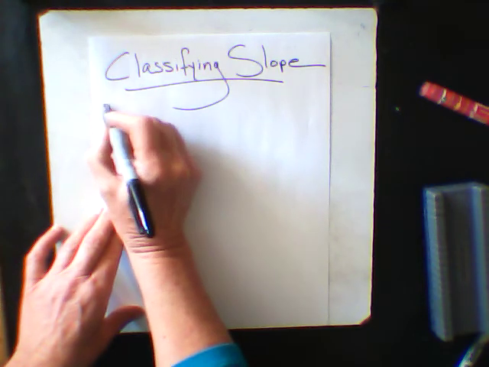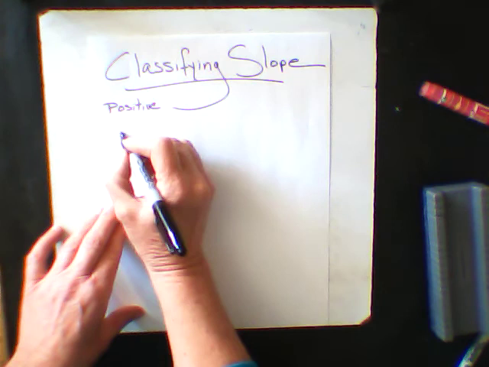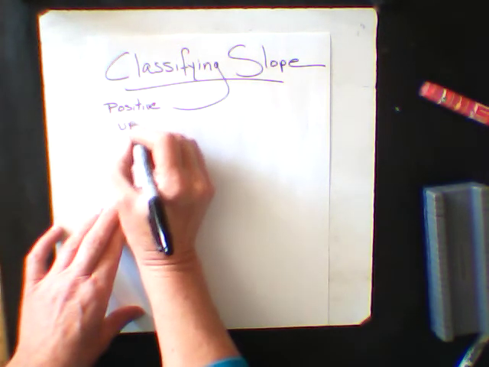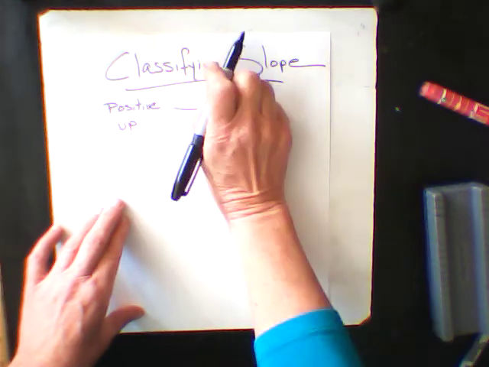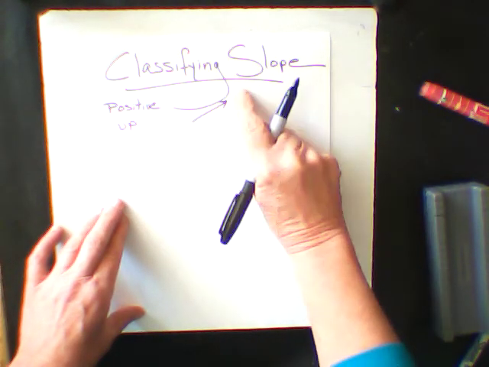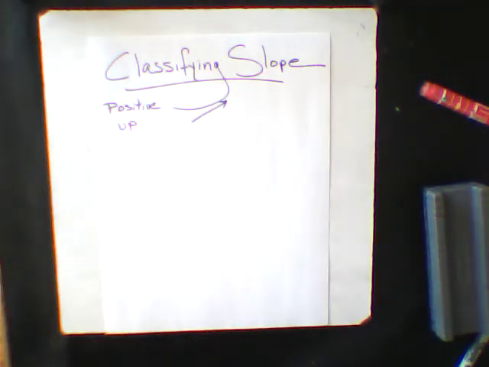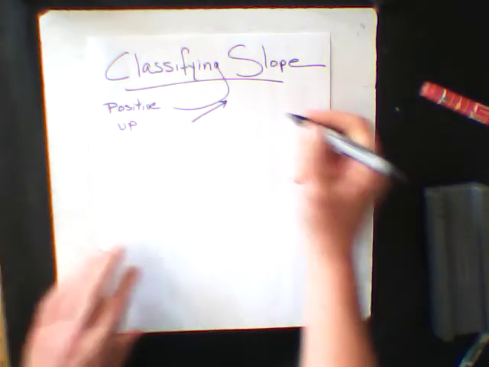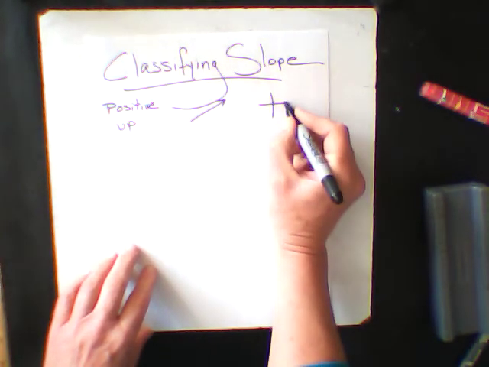A positive slope. The line goes up, and it would look something like that. It could be very steep up, or it could be barely up, but as long as when you trace your finger from left to right, your finger is going up, that is a positive slope. Let's also just show an example of a positive slope on a little mini coordinate plane.